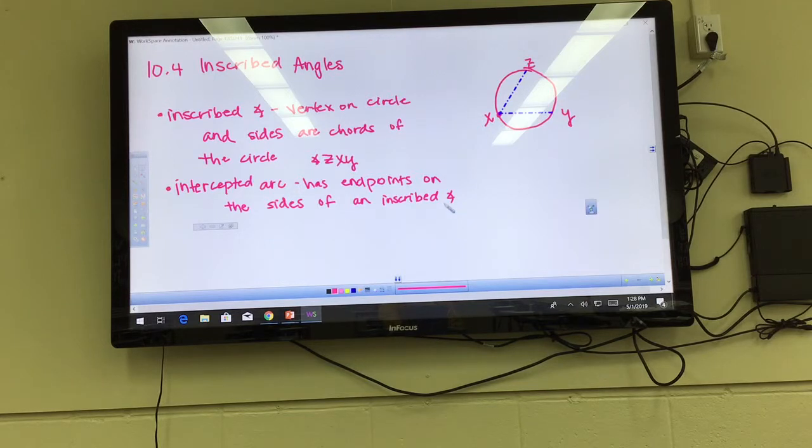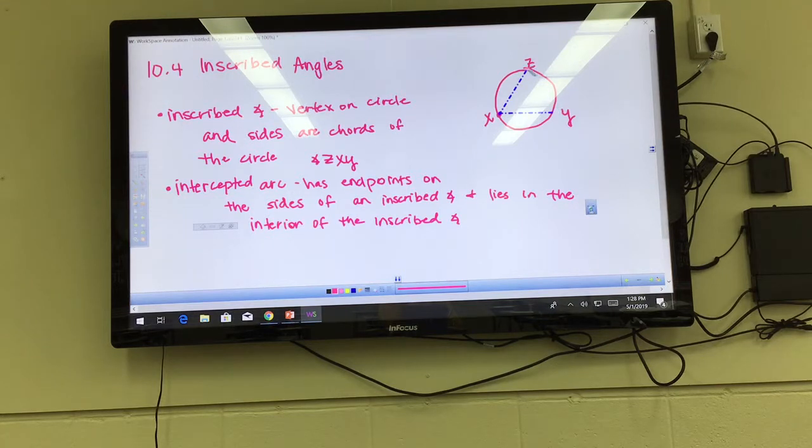It lies in the interior of the inscribed angle. So it's inside this angle. So the intercepted arc here, the arc that has sides of an inscribed angle, it has to lie within it.